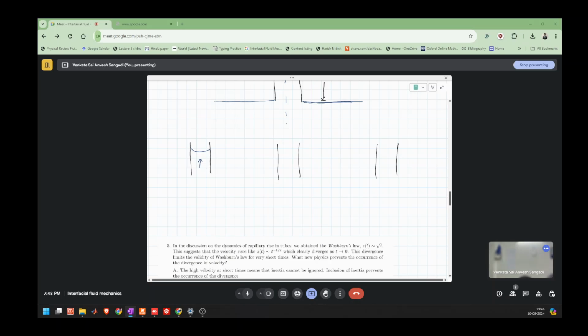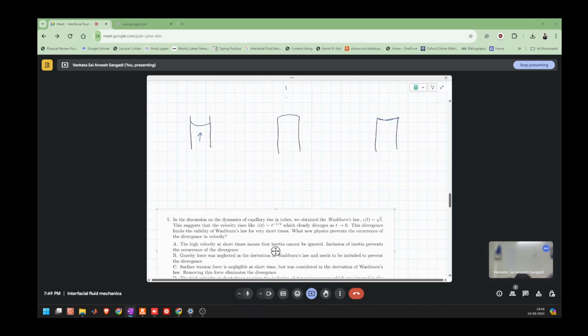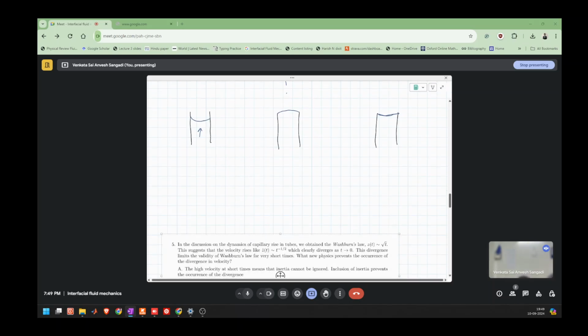reach the top, and we may see a small bulge, and then because of the bulge, the fluid gets sucked in again, and then we see a small depression. And after these oscillations damp out, the final case is when the fluid gets pinned to the corners and becomes flat.